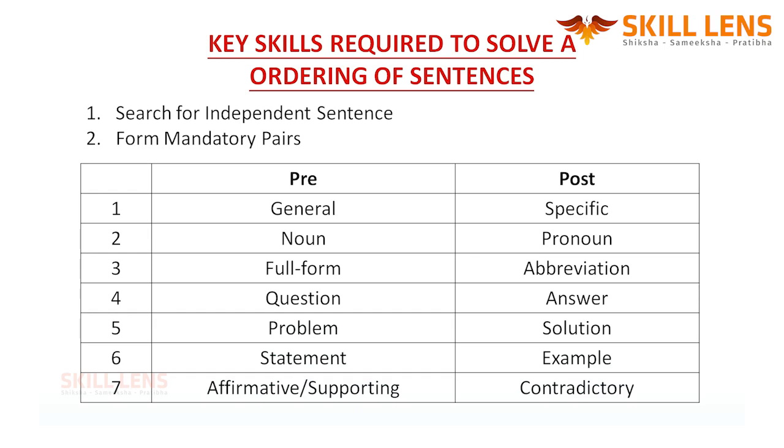One of the first mandatory pairs that we look for is general and specific. General statements can also be referred to as independent sentences. Here, they don't need any supporting statements to back them. They are general sentences made on any topic.